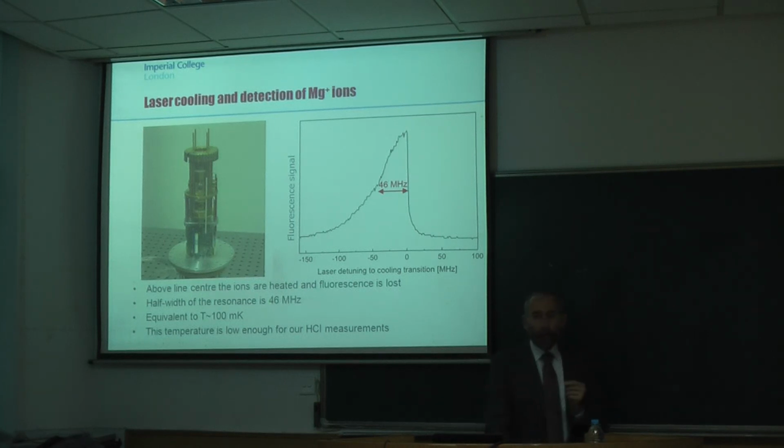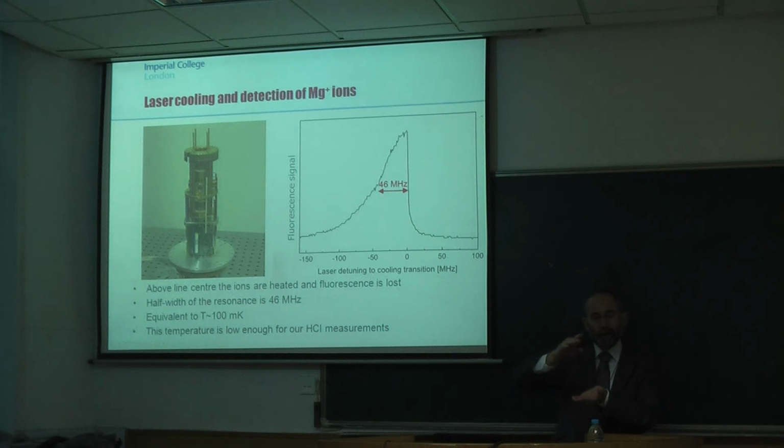And what happens is that if you just think of a hot cloud, just think of one dimension. If it's hot and moving fast, and the laser beam is coming up like this, the interaction is very weak, so there's very little fluorescence, because the ions will be in resonance with the laser for a very short time in each cycle.